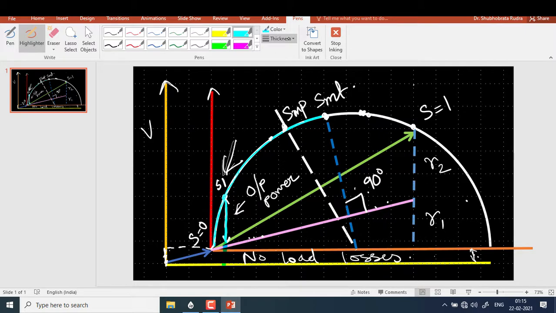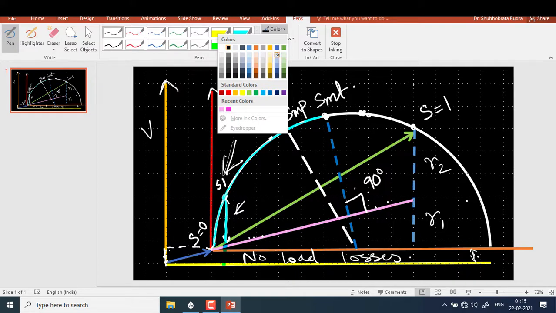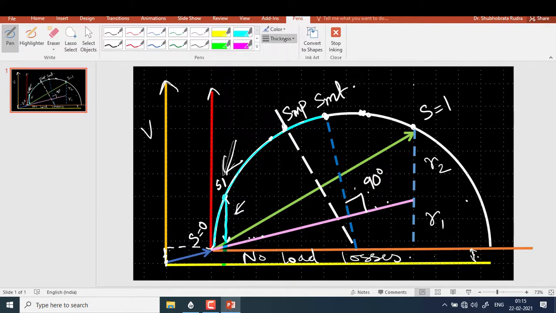These blue lines indicate input power. This total length is our input power.